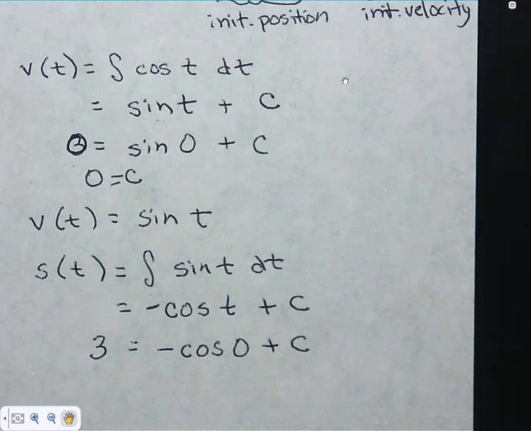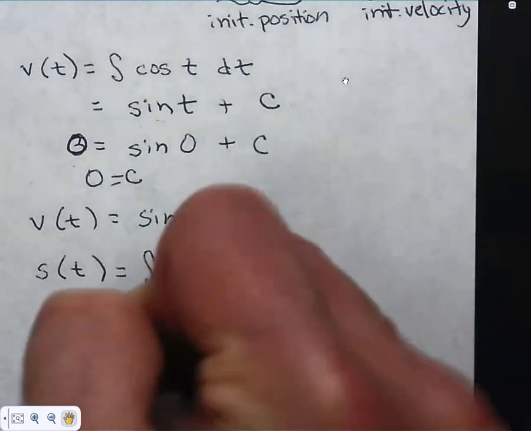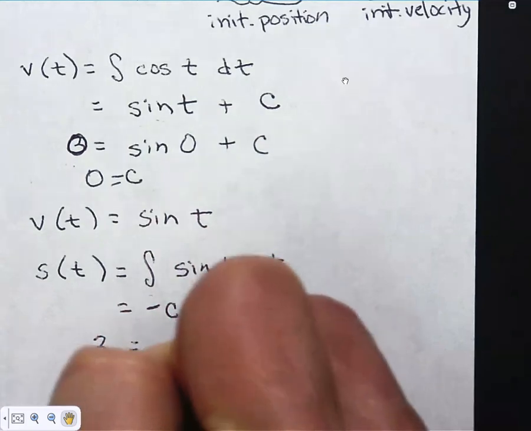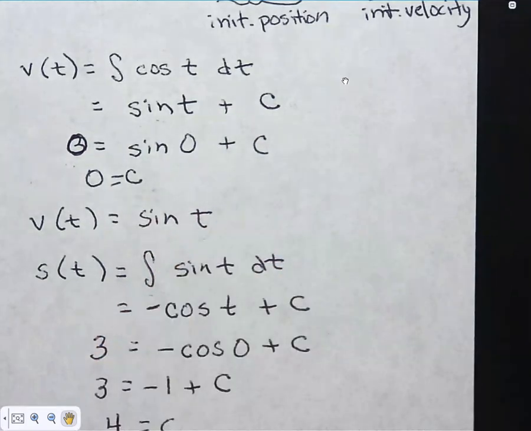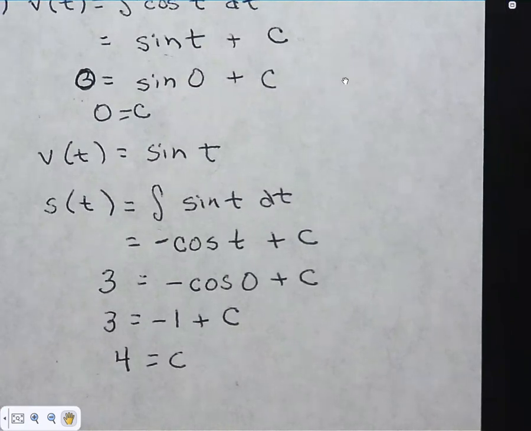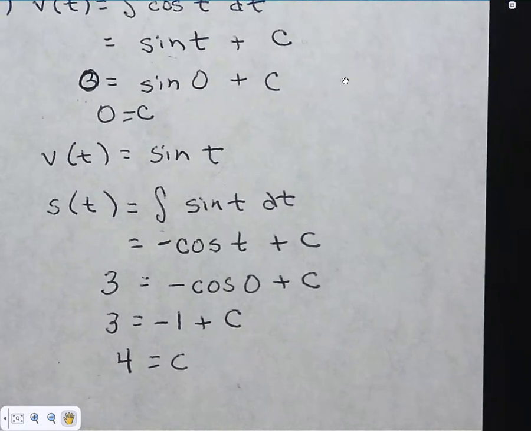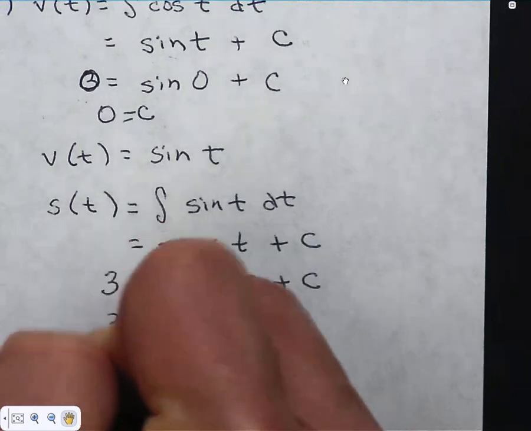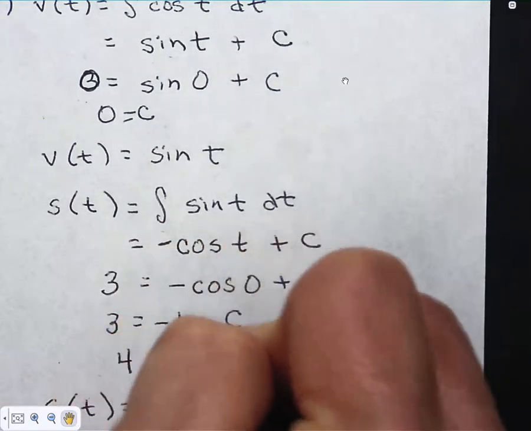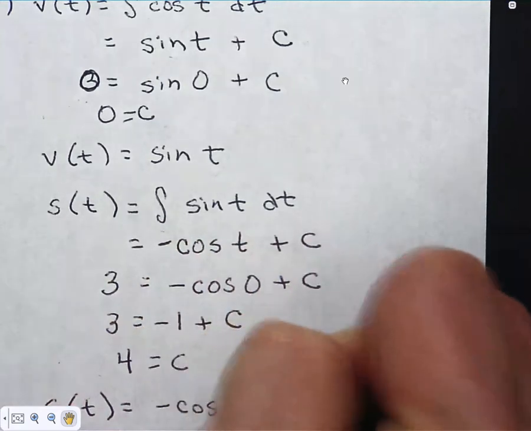No, negative cosine of 0 is -1. So what's that constant? Yeah, that constant's 4. So my position function is actually negative cosine t plus 4.